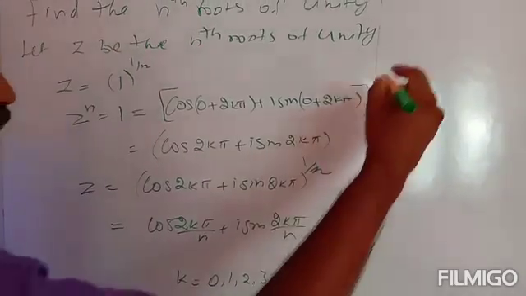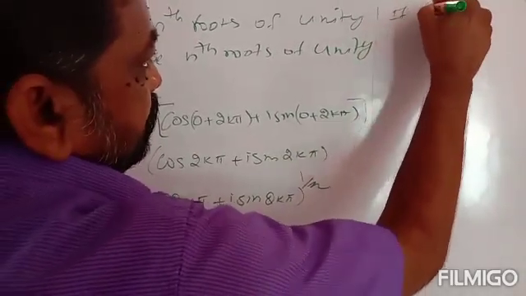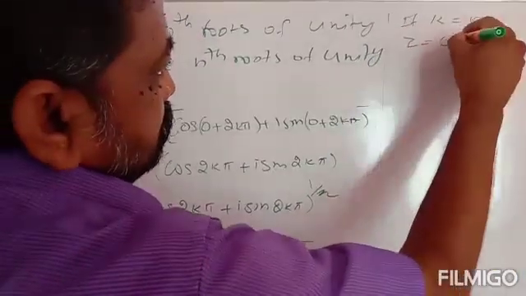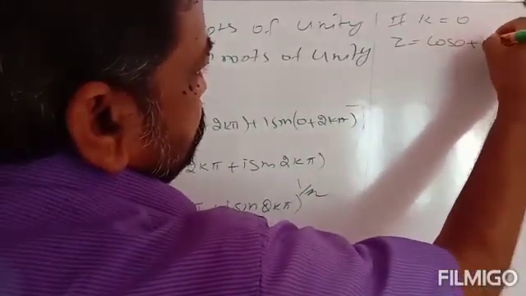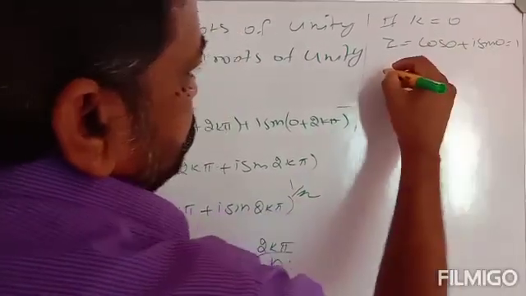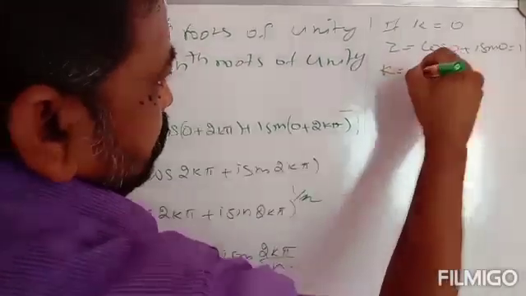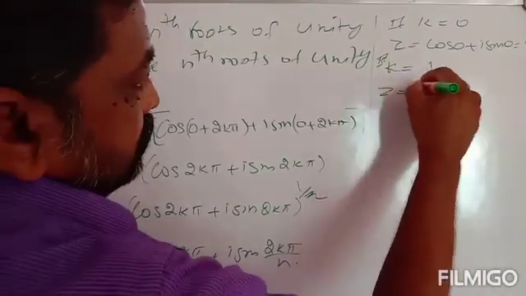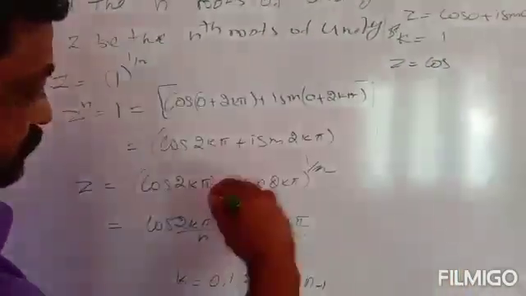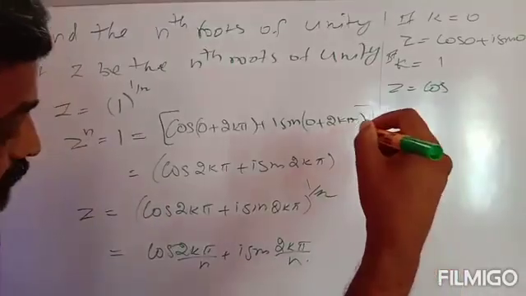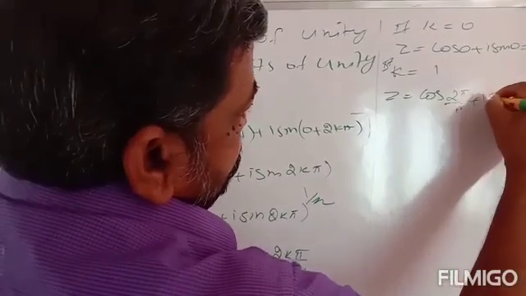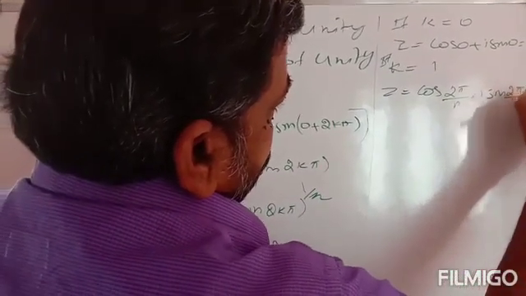If k is equal to 0, Z is equal to cos 0 plus I sin 0, that is equal to 1. If k is equal to 1, Z is equal to cos 2 pi by n plus I sin 2 pi by n.